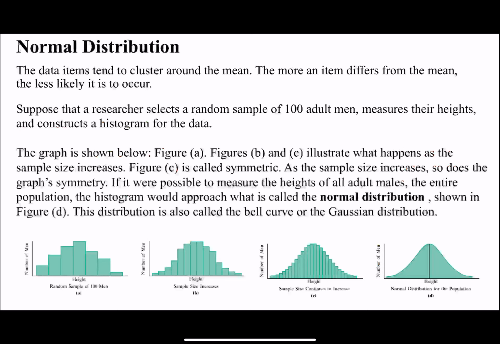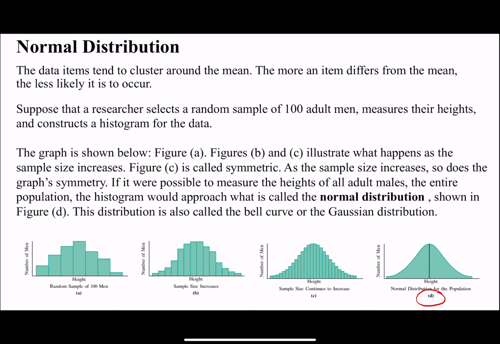If it were possible to actually include all adult males in our research study, the entire population, I mean, then the histogram would approach what we call the normal distribution. That's what you see in part D, right?